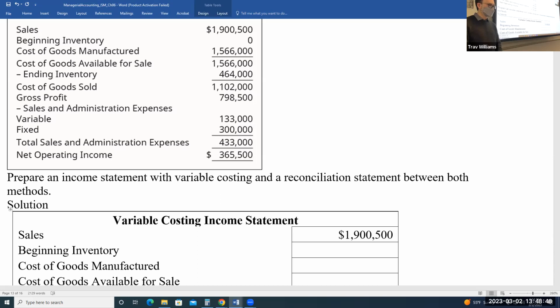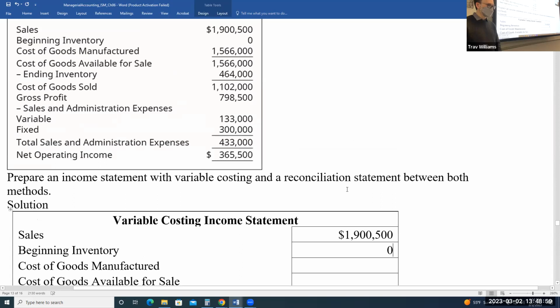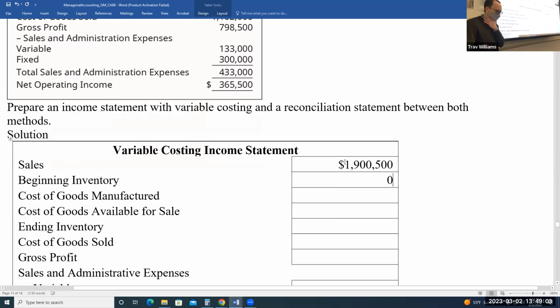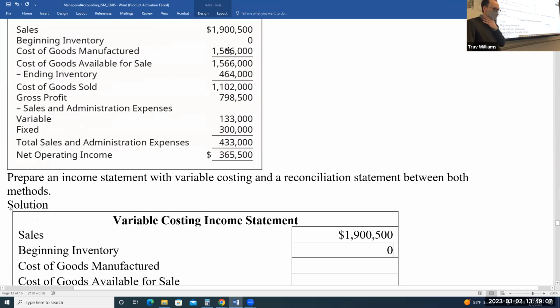Beginning inventory is going to be the same. Cost of goods manufactured. Okay. Well, let's think about this. I don't think we can use this cost of goods manufactured. Why not? Why can't we use that for the variable costing income statements?